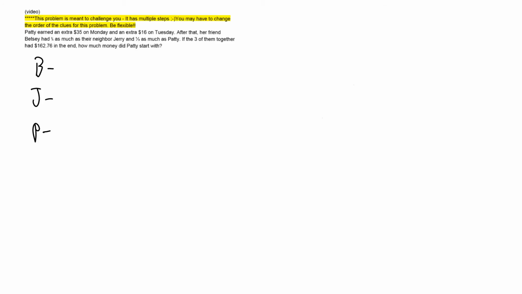So here it says that after that, her friend Betsy had 2/5 as much as their neighbor Jerry. So that right away, that 2/5 is telling us that Betsy has 2 units. We'll go ahead and give Betsy 2 units. Now, that also gives us a little bit of information for Jerry. If Betsy has 2/5 of what Jerry has, then Jerry has 5 units.